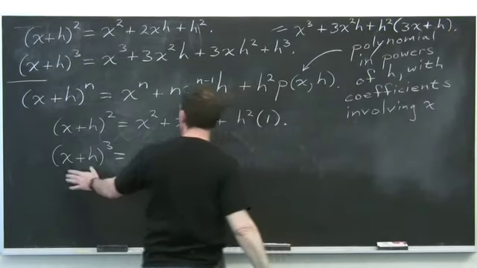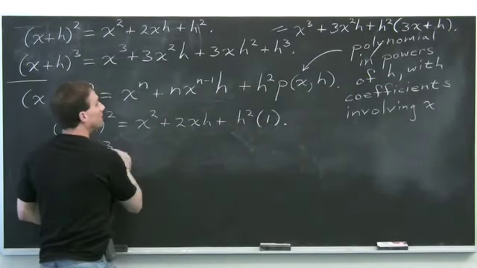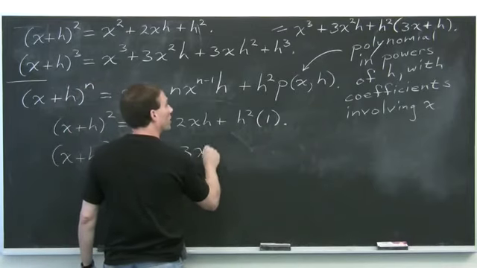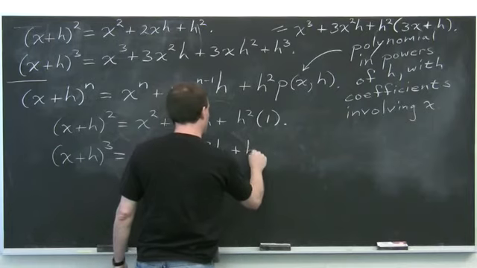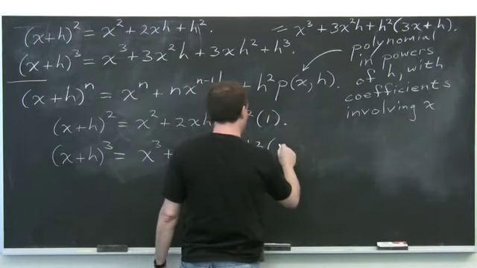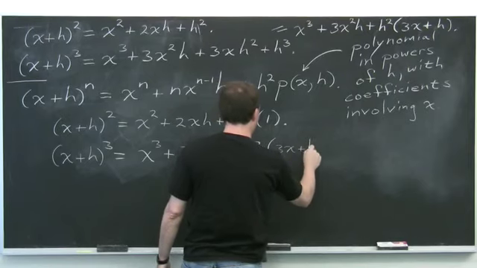So when you get to x plus h cubed, yes, you get x cubed plus 3x squared h plus h squared times this function of x and h, which is 3x plus h.